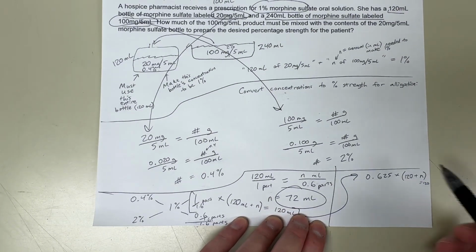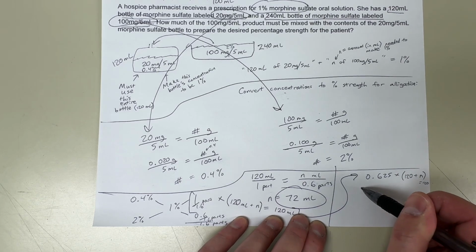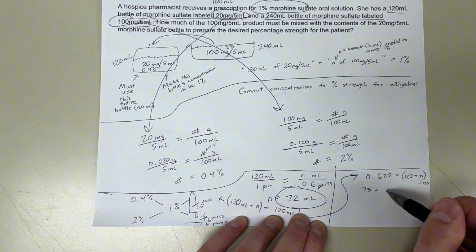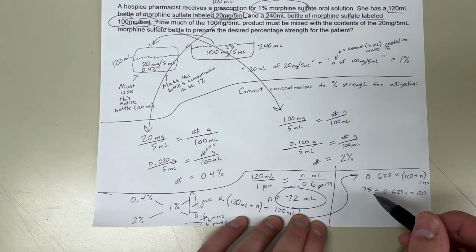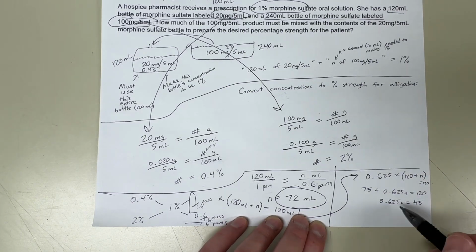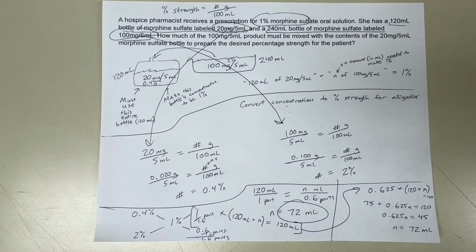Then I'm just going to multiply this out. 0.625 times 120 equals 75, plus 0.625 times N equals 120. And then subtract 75 from both sides, and then divide both sides by 0.625. And you should get the same answer. So either way, you can do it.